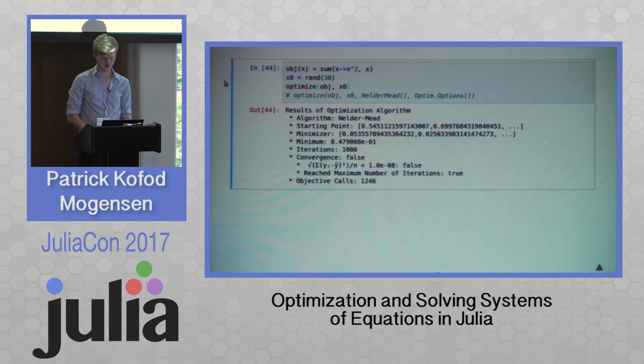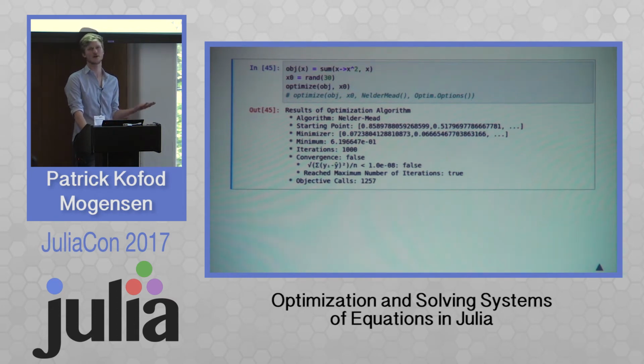All right, so that was a bit embarrassing. It didn't work, but I just want to show that if you provide the Nelder-Mead choice manually and the empty options constructor, then it will do exactly the same thing. So objective function and initial value will give you the Nelder-Mead solver with the default options.